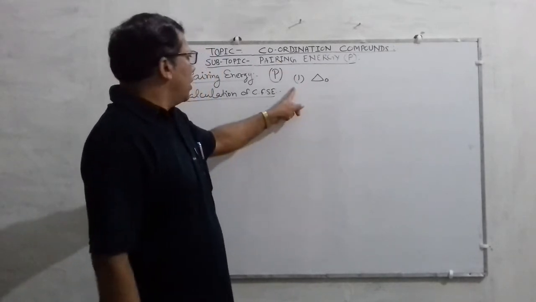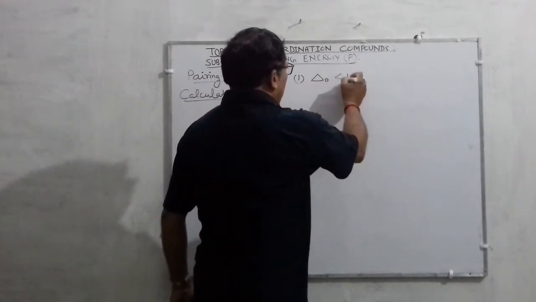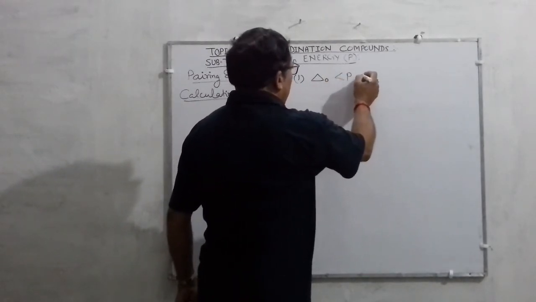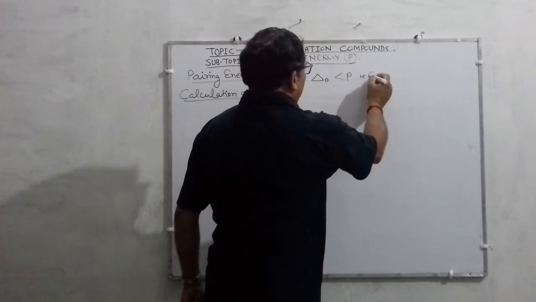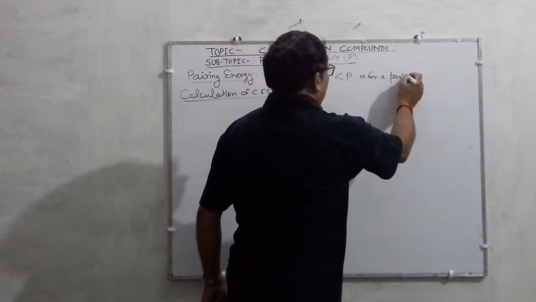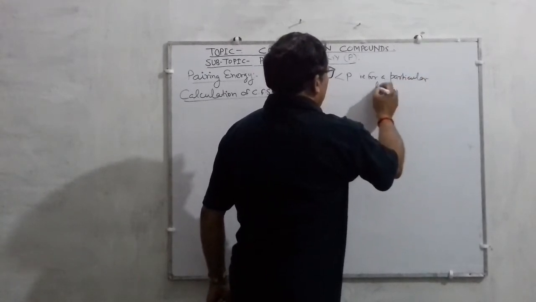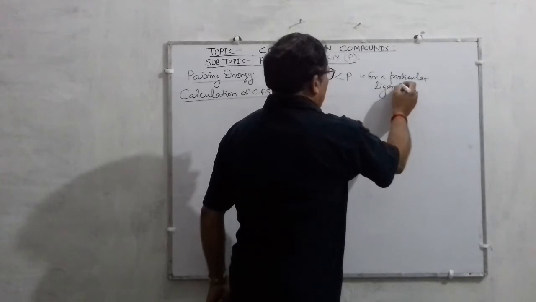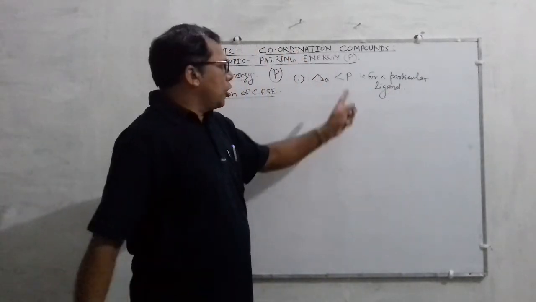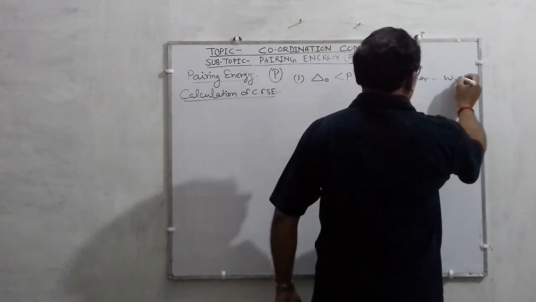So first condition arises that if the value of del 0 is less than P, for a particular ligand, then it is called weak field ligand. Must remember.